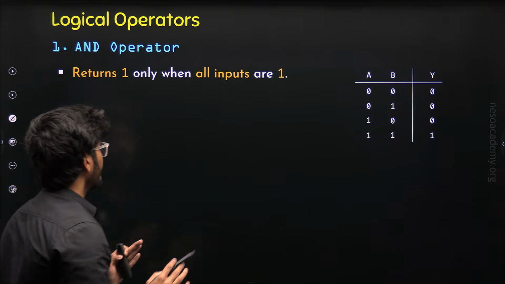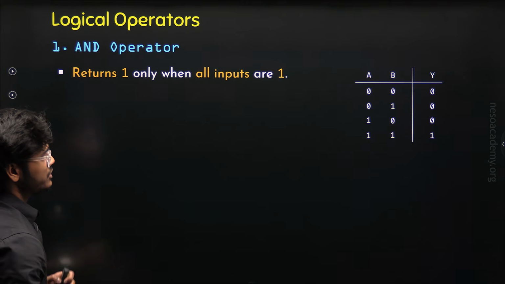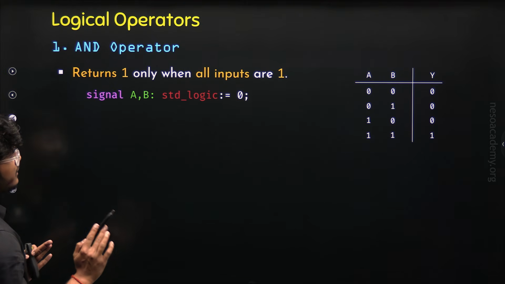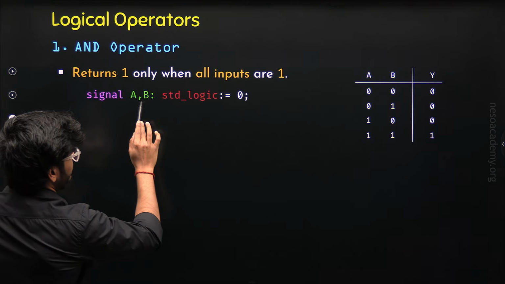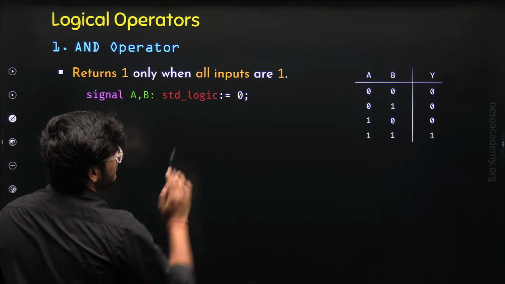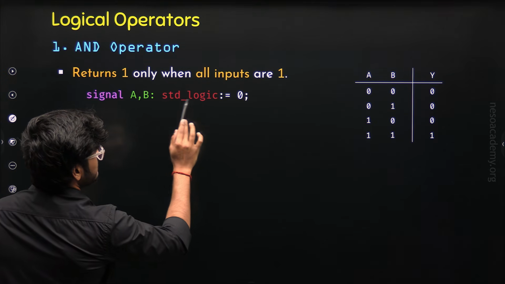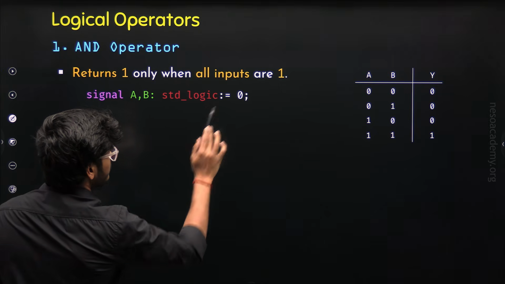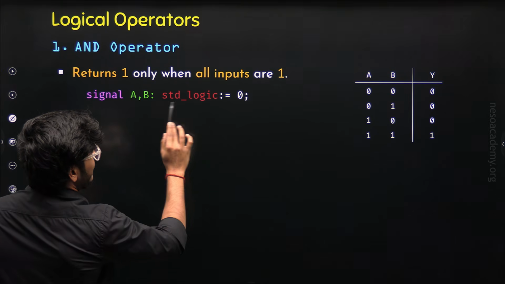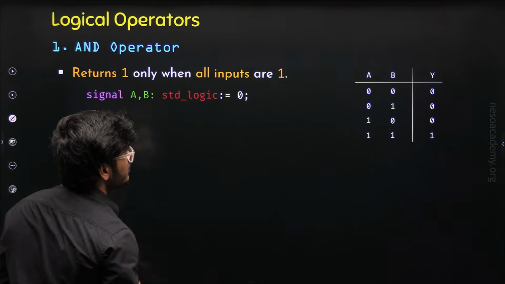Now let's see how to use the AND operator in VHDL code. For that, I am creating two signals A and B with standard logic, A with value 0 and signal B with value 0.